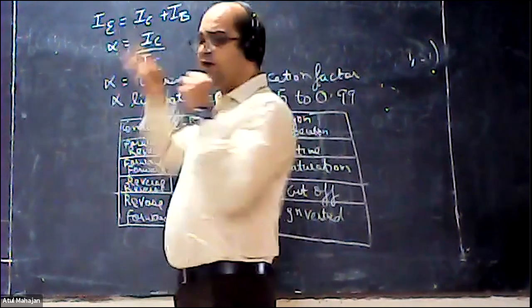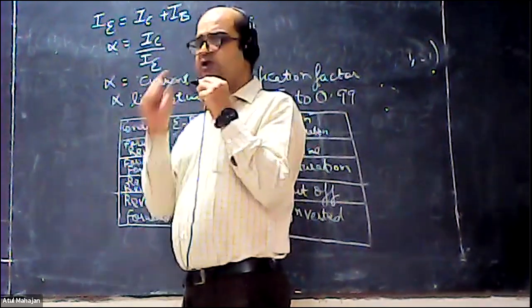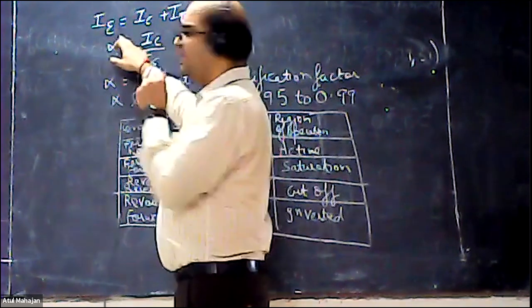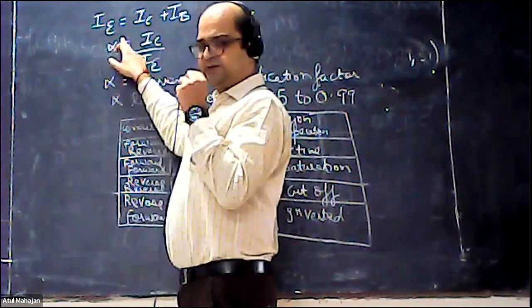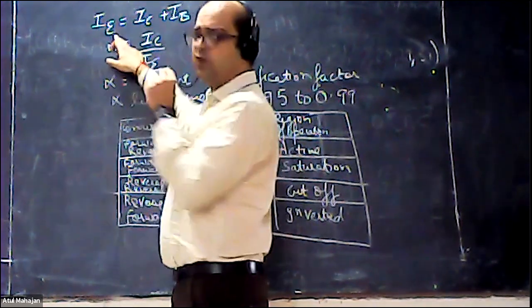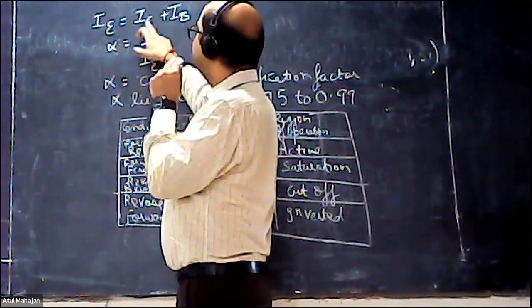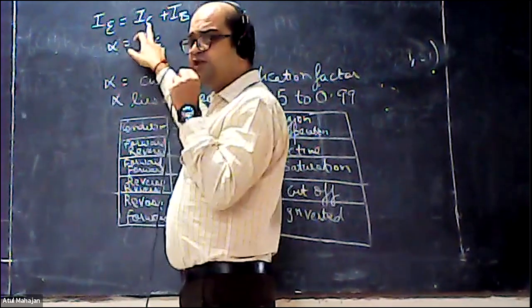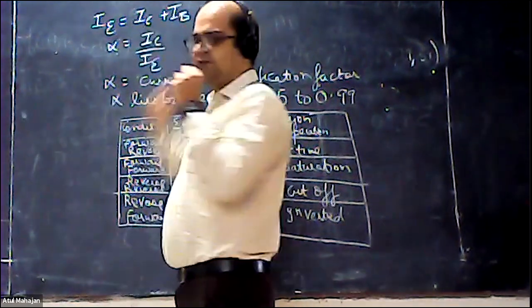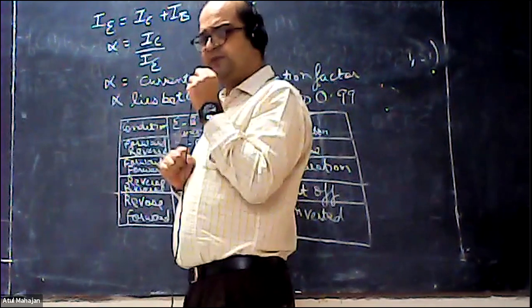According to this definition, we can derive a formula for the emitter current. This IE is the amount of emitter current, and emitter current is always equal to what? It is a combination of collector plus base current. Why collector plus base current?